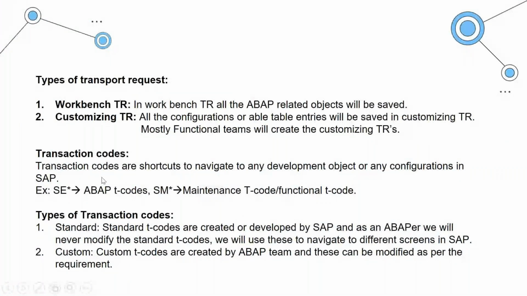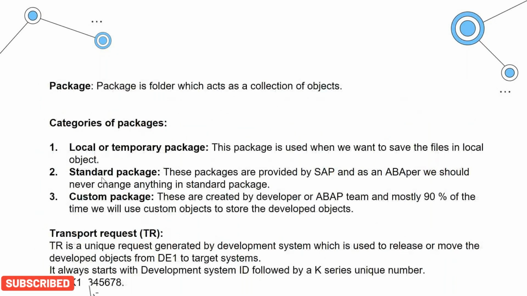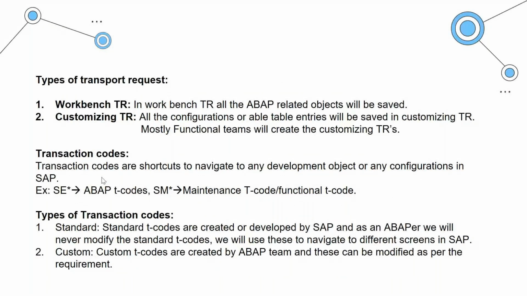In SAP, we have two types of transaction codes. First is standard and second is custom. As we discussed in the package concept, you should never ever change a standard transaction code, but you can reuse standard transaction codes to navigate to different screens.